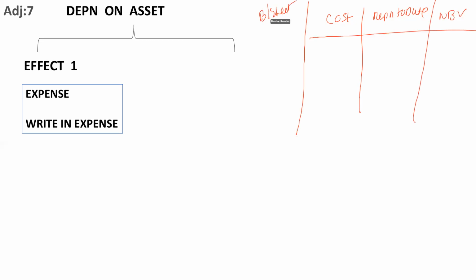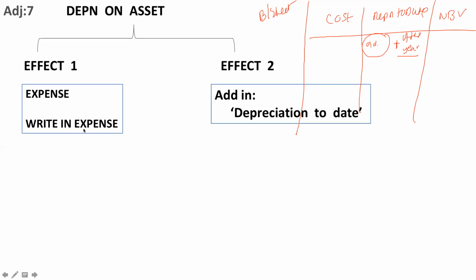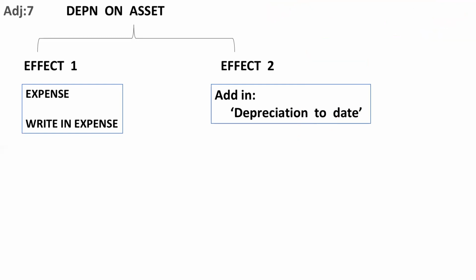Whatever is the depreciation to date, we will add the depreciation of the year to the old depreciation. So the second effect of depreciation on assets is that we will add it in the depreciation to date. Please note it down.